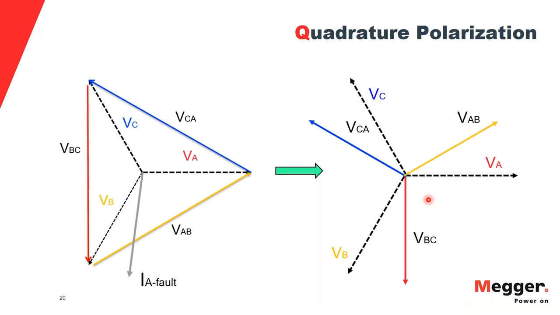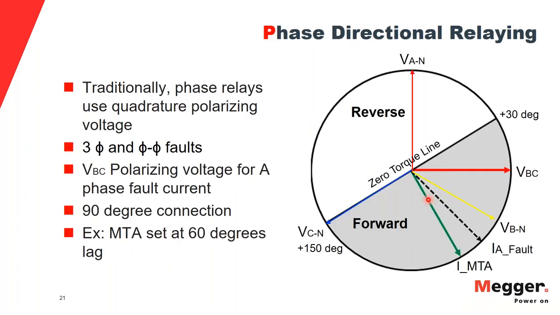And I would use VAB as my reference whenever I see a phase C fault. So this whole idea of quadrature polarization is employed primarily in phase directional relaying.